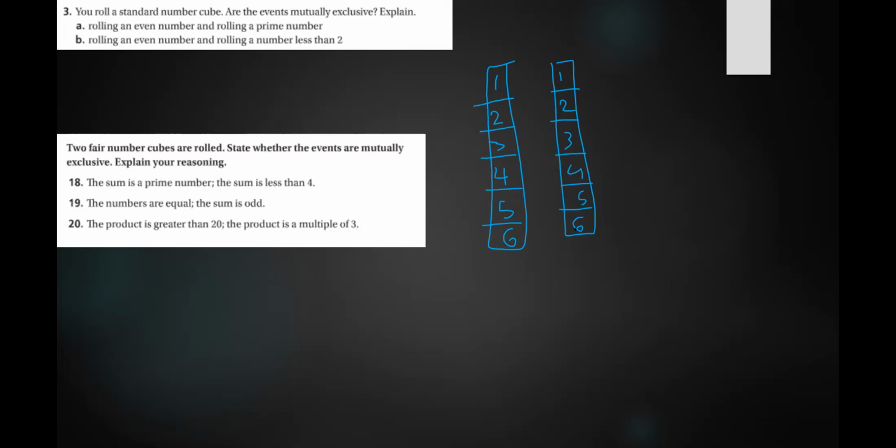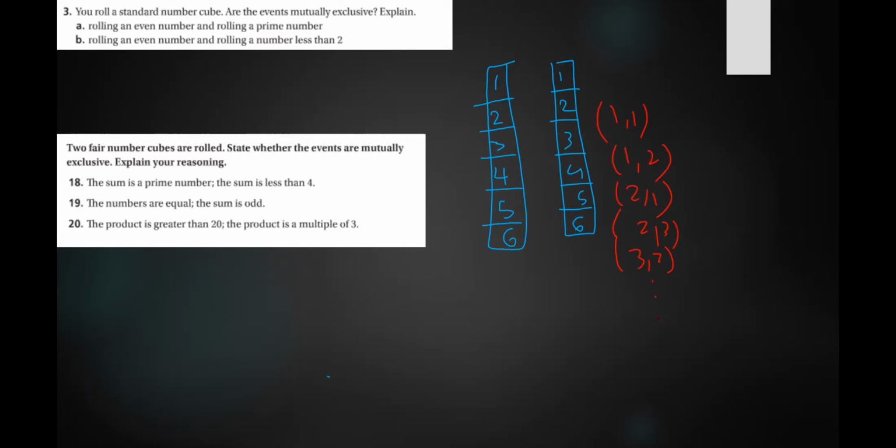Can I have a sum that is a prime number? Yes, I can have 1 and 2, 2 and 1. So I can say 1 and 1, 1 and 2, 2 and 1, 2 and 3, 3 and 2, and so on. Now, a sum that is less than 4.